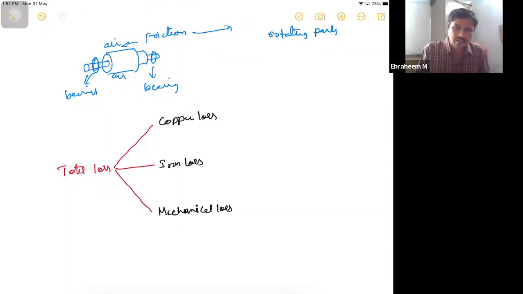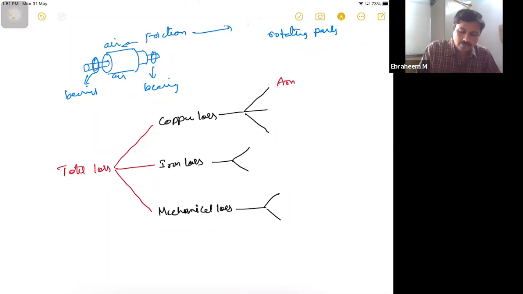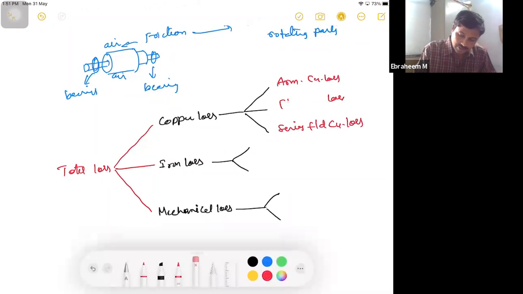In the copper loss, you will have further armature copper loss, field copper loss, and if it is a compound generator, series field copper loss also. The first one is shunt field copper loss, so we have to write it as shunt field.